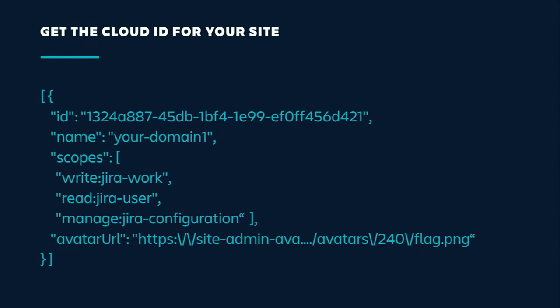The name could be used, let's say in your app, if you want to display a site picker, to give the user an option to select which sites they want to access. Then you can use this name in the site picker. We also have an avatar for the site, so you can display an avatar for the site. And then we also show which scopes were granted access for that site.